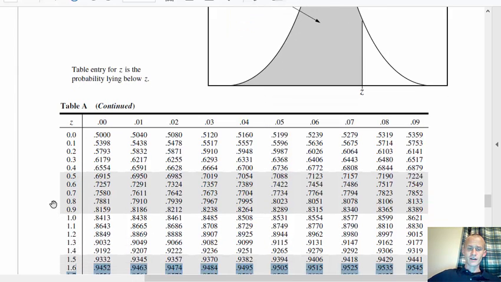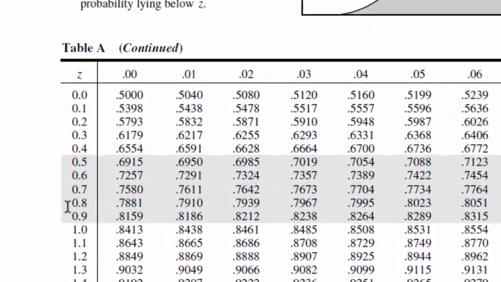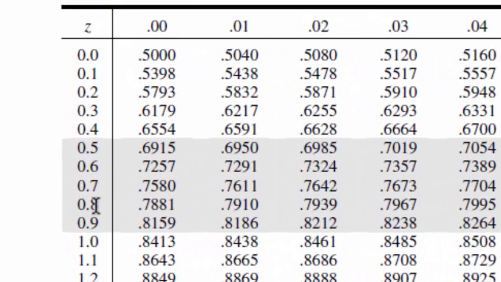Then we find on our table that z-score of 0.81. Here is the tenths place, and then we want to find the hundredths place by using the vertical column. Right here you can see the 0.01. So 0.81 is where the row and column intersect.